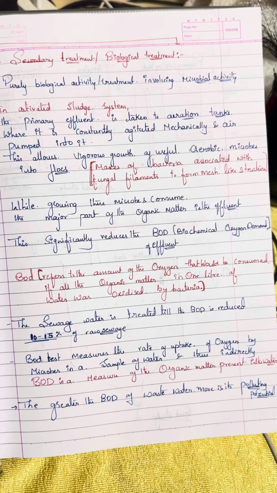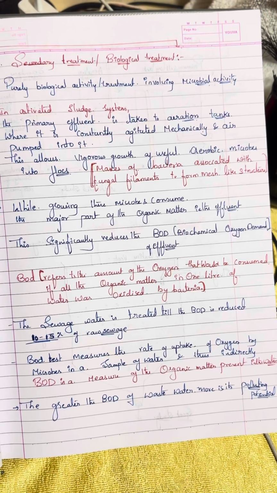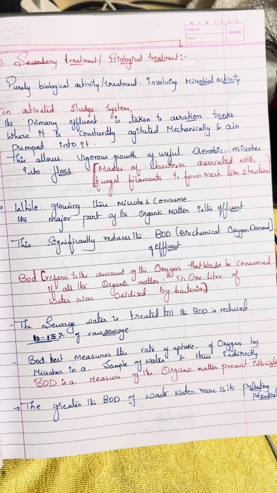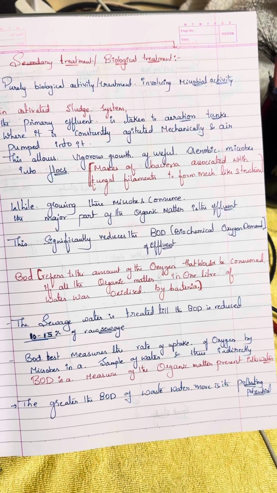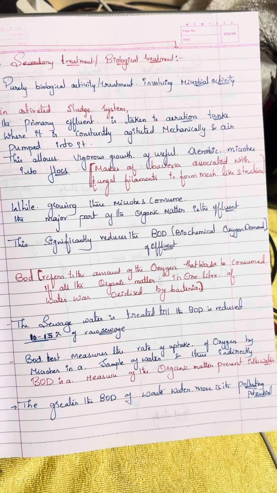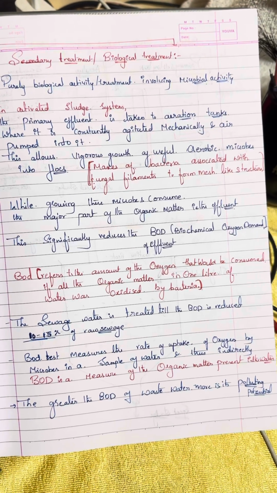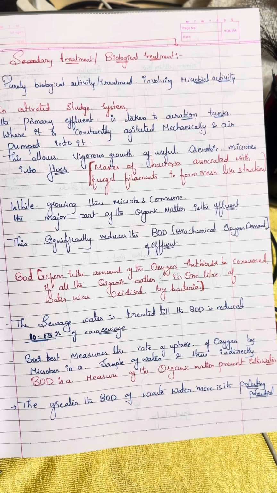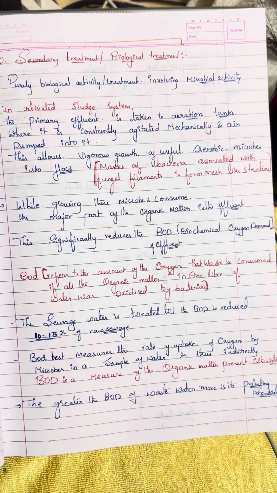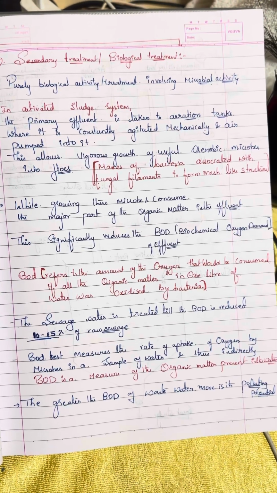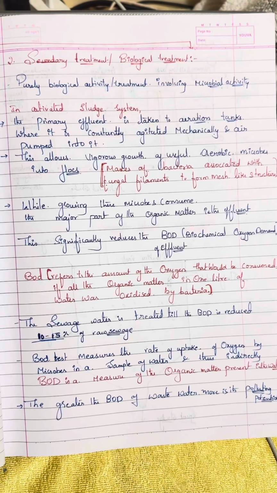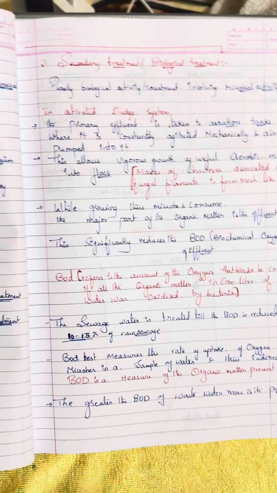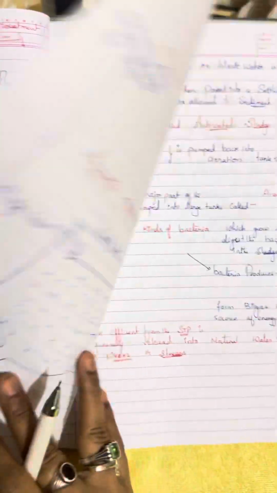The BOD test measures the rate of uptake of oxygen by microbes in a sample of water, and thus indirectly BOD is a measure of the organic matter present in the water. The greater the BOD of wastewater, the more its polluting potential. That is, more BOD means more pollutants are present; less BOD means less pollution, as aerobic microorganisms reduce their concentration.